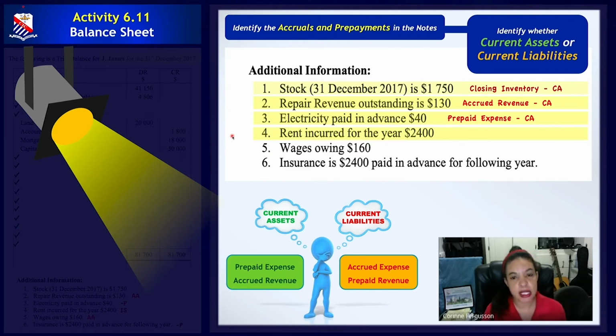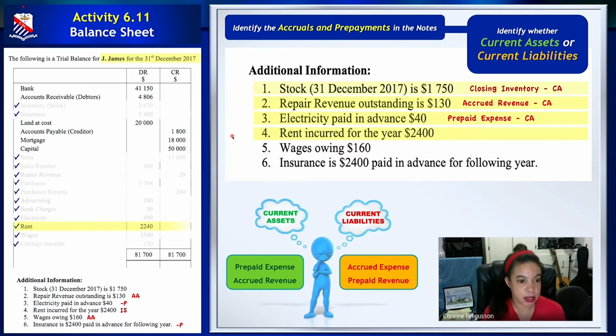So we're going to need to now look back at our trial balance and find rent, and we see that we have rent here. And what is the amount paid? 2240, because remember, the amounts in the trial balance represent the amount paid for expenses.